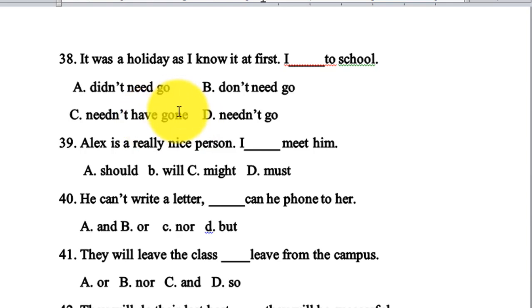When I realize it was not necessary, needn't have plus verb is used. For example: "I needn't have sold my car." I sold the car, and then it was not necessary for me to sell the car. I regret doing this.